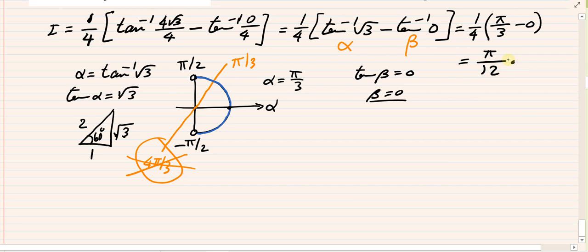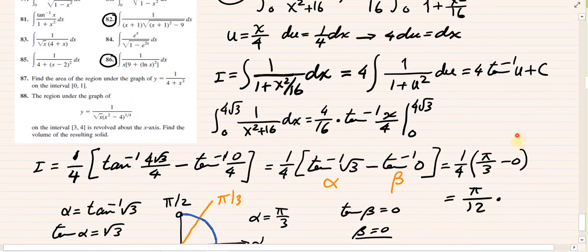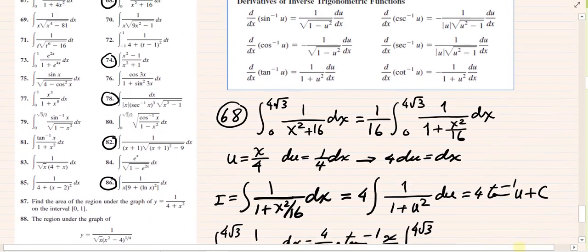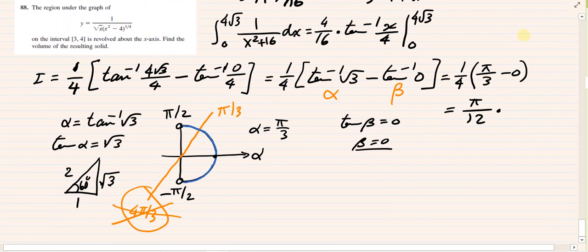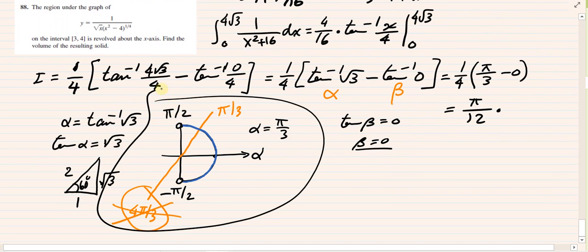And there we have the answer to that integration problem. Very interesting. That's number 68 for us. Hopefully you can follow the work that just took place. I really highly recommend drawing these half circles that I've drawn earlier in the lecture.